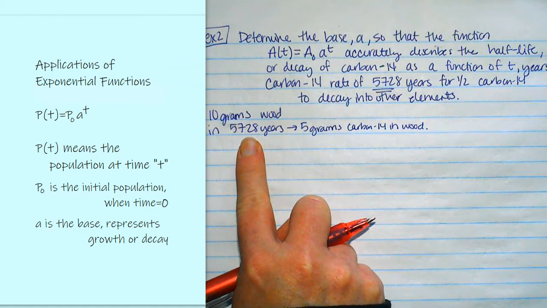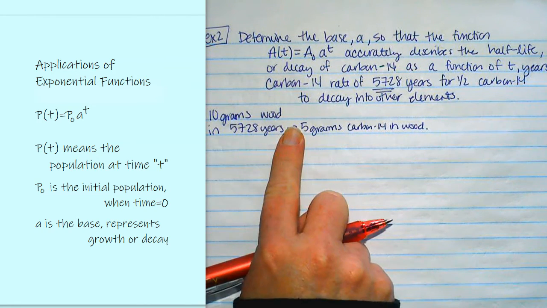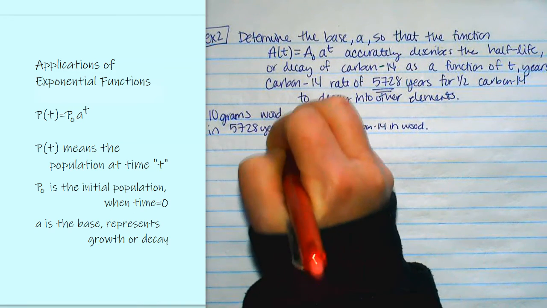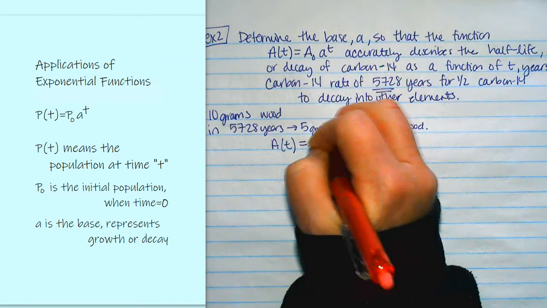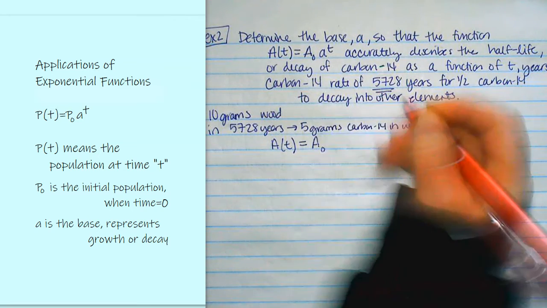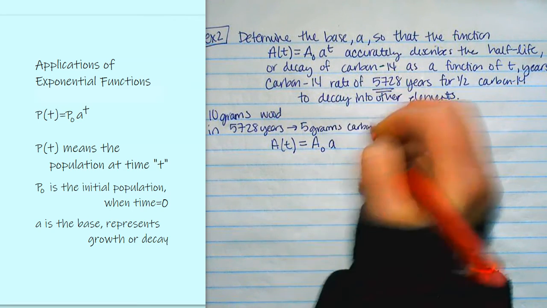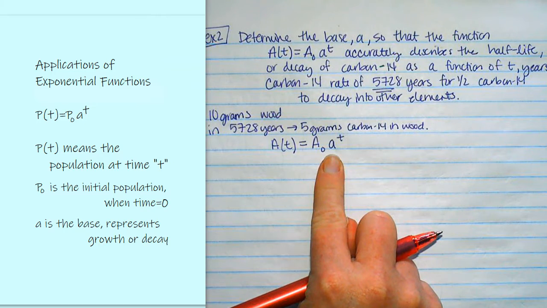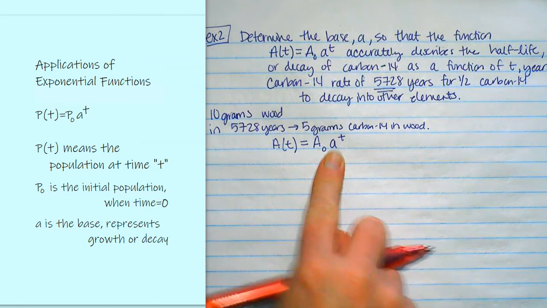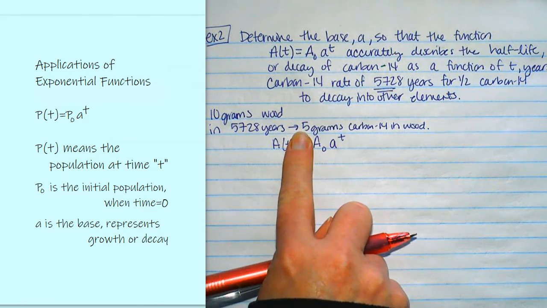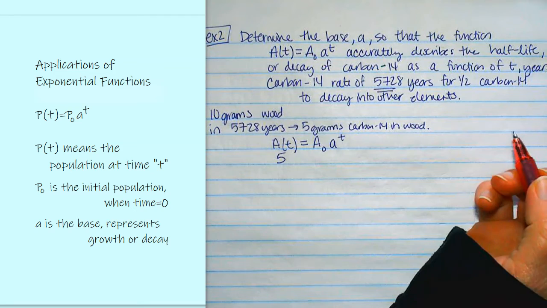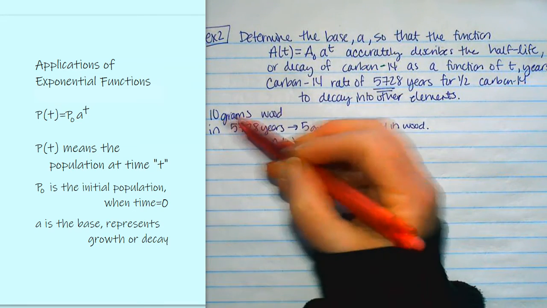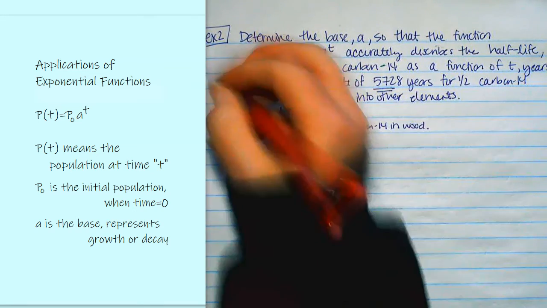So what we're looking at is if we rewrote this like the last problem, we would say the amount at time t would be the initial amount times A to the t. We're trying to rewrite this with the information that we have. The initial amount was 10 grams of wood. That's what we started with.